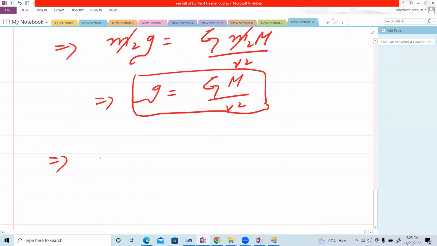That means g of m1 will be equal to g of m2. This can be concluded from these two equations.